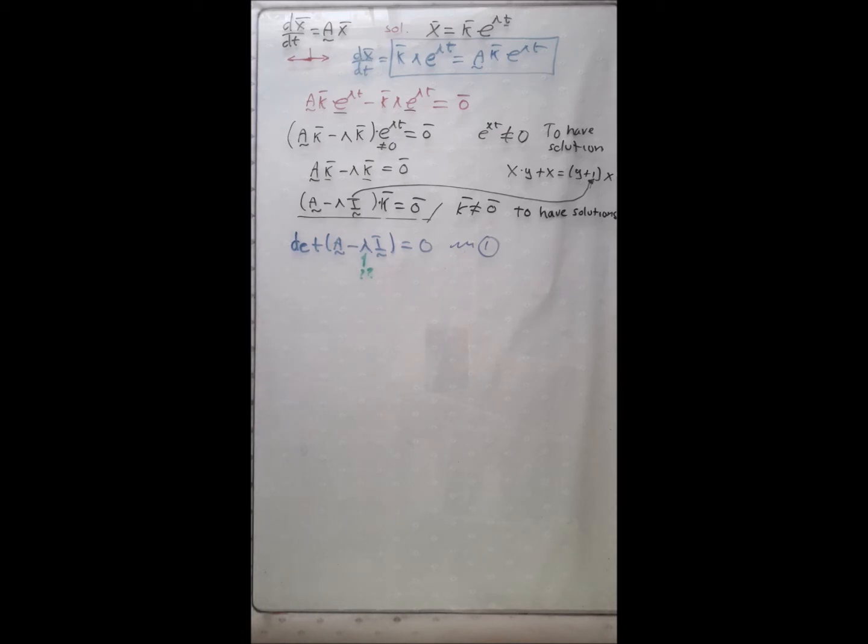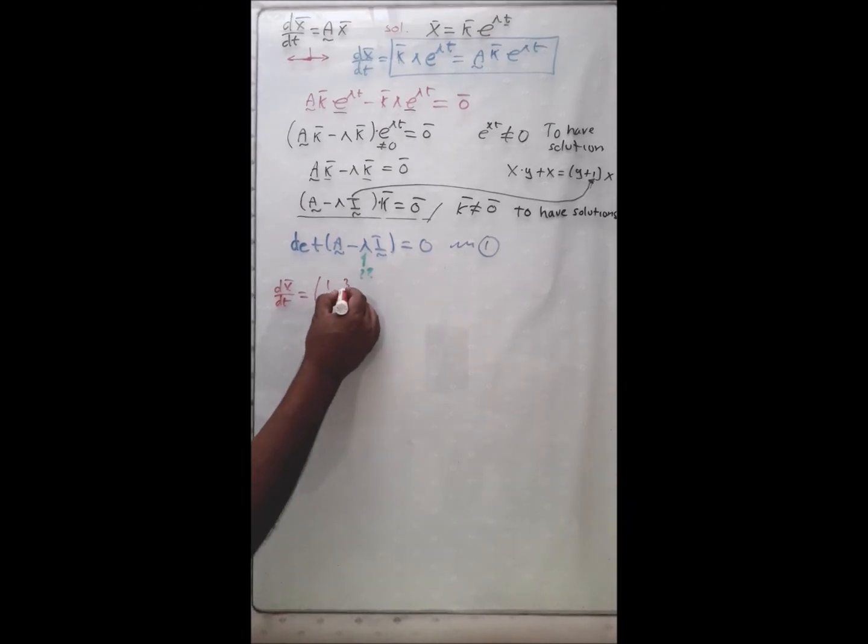Okay, let's use the previous problem. In the previous example, the equation was the derivative of the x vector with respect to time equal to the matrix 1, 3, 5, 3 times the x vector.